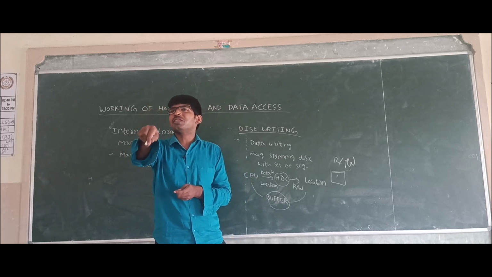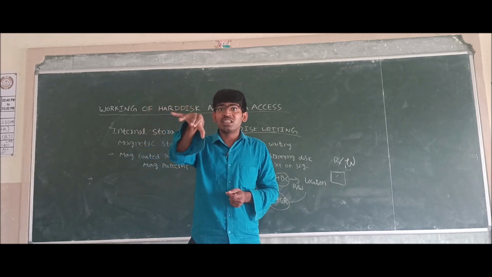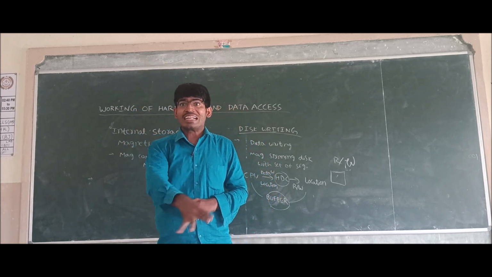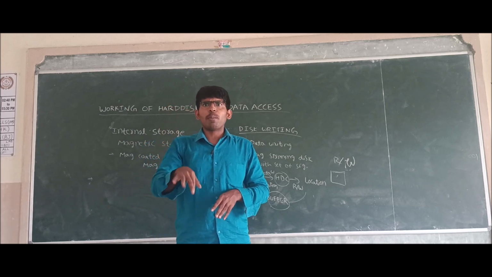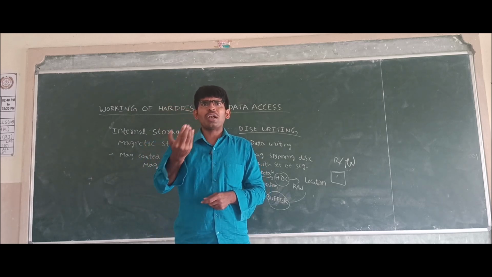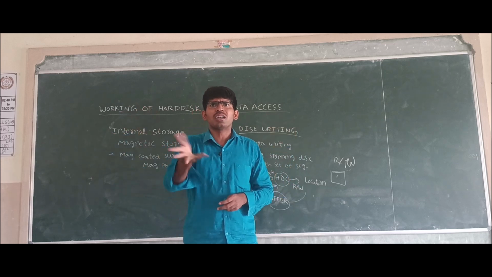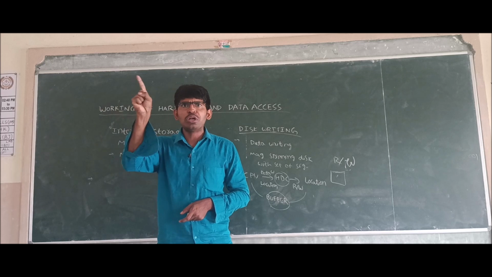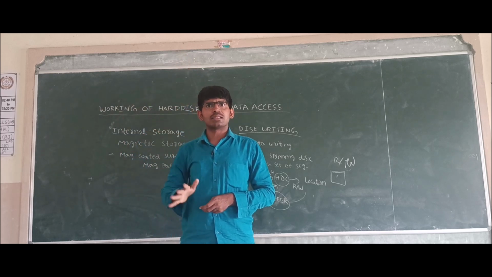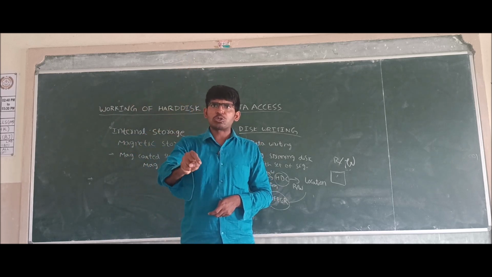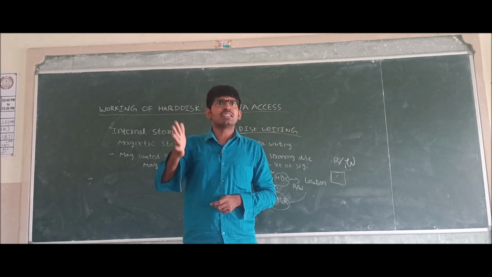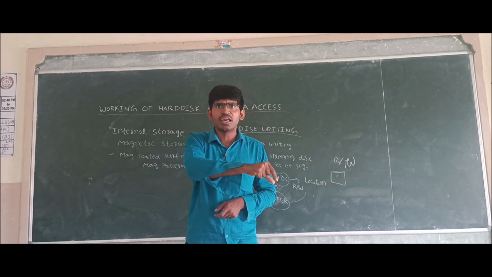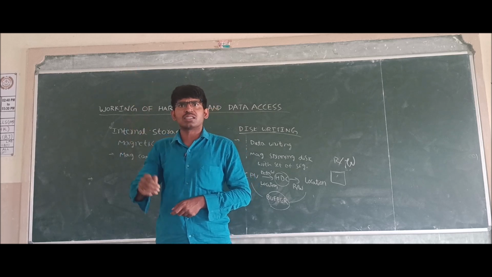But still the problem is the same, because the information in the CPU is in the form of electrical signals. You all know the computer does not know what is 1 and 0. The computer does not know what is an image. The computer does not know what is a Word file. It only knows electrical signals. It only knows low voltage and high voltage electric pulses, because all we are using are transistors.